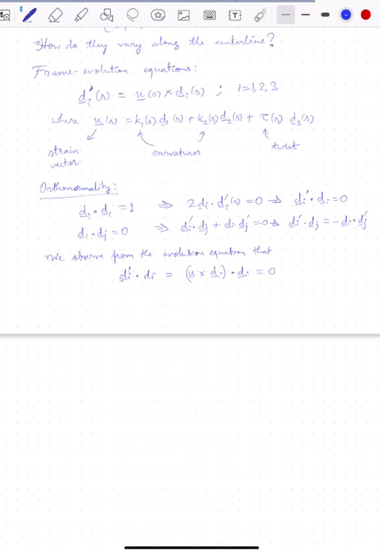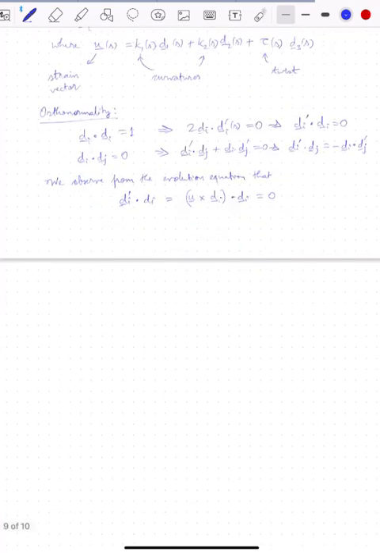Now what we would do is look at the individual evolution equations.